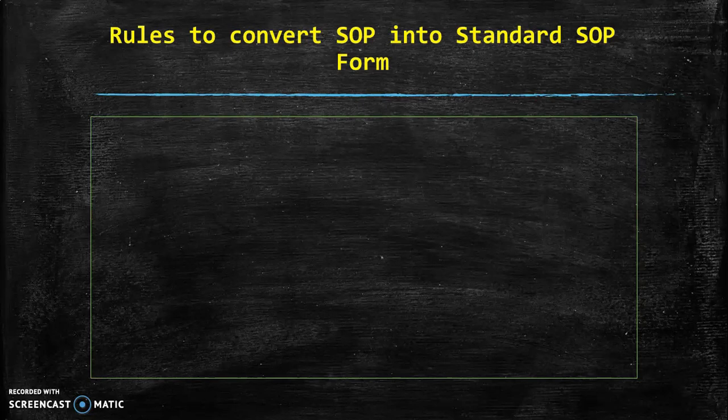But not all Boolean functions in SOP form are canonical. To be a canonical SOP form, we should have all the literals of all the variables in each product term. So now we'll follow certain rules to convert SOP into standard or canonical SOP.